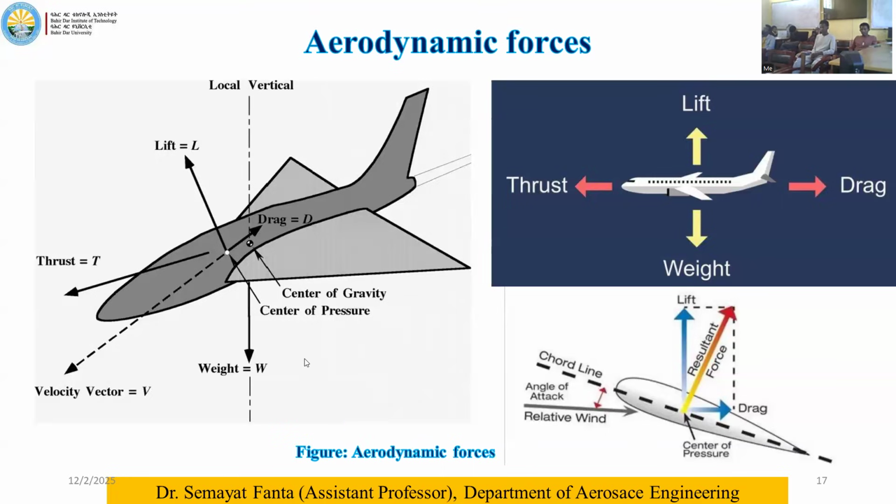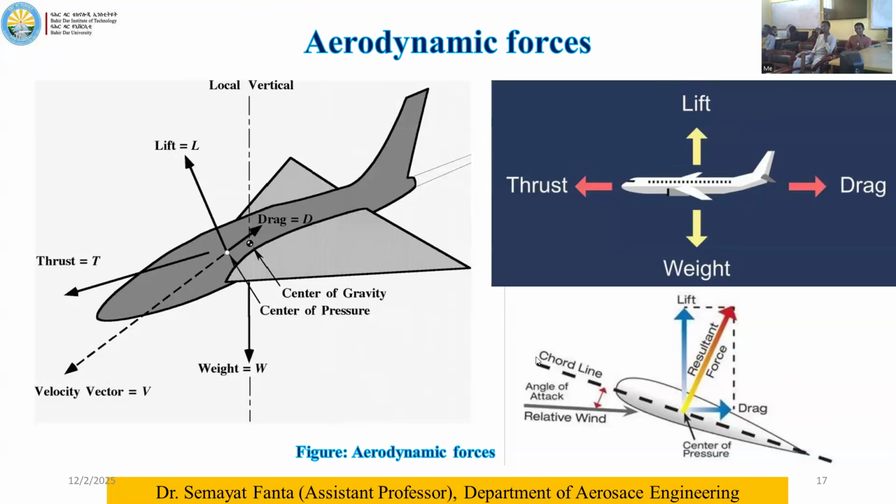That is called weight. But the net resultant force of the lift and the drag, or the axial and the longitudinal forces, aligns at the center of pressure. We have also another term, aerodynamic center, which will come later. But for now, just remember that the weight acts through the center of gravity.